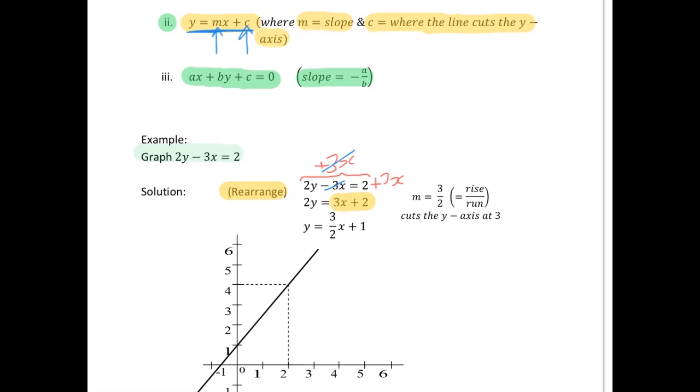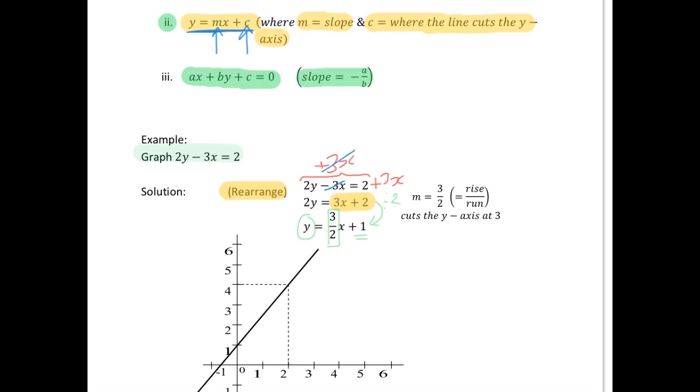Then if we just divide both sides by 2, we get just y on its own on the left, and 3 over 2 x plus 1. Then all we need to do is compare what we have here to what we have above in our equation y equals mx plus c.